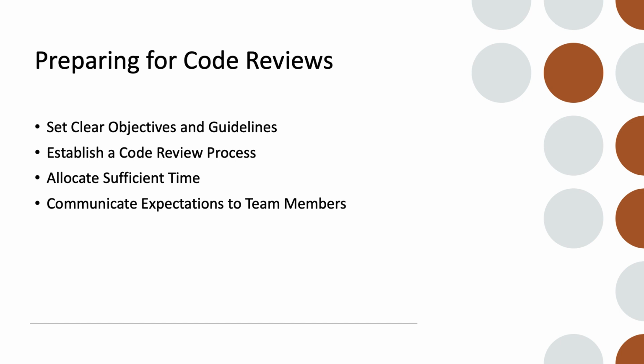This may include considerations such as code readability, performance, security, as well as adherence to coding standards. Also, teams should define a structured code review process by specifying when and how reviews will be conducted, who will participate in them, and what tools will be used. By establishing a clear process, teams can ensure consistency and efficiency in their code review practices.